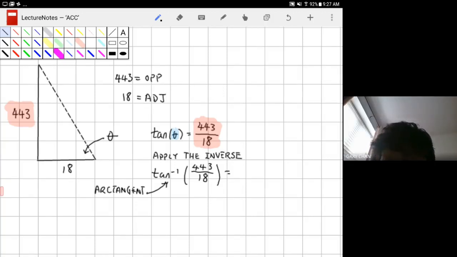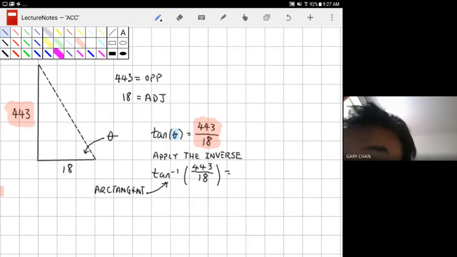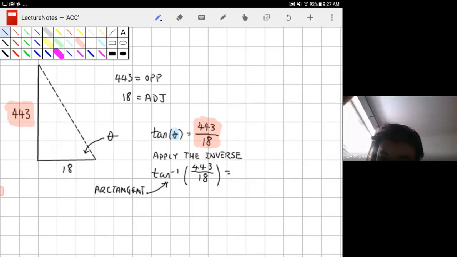So let's take a look at the next example here. I am going to do a present screen. Or actually, I'm going to stop presenting this. Hold on. Give me a second here. I'm still trying to figure out how to use this.